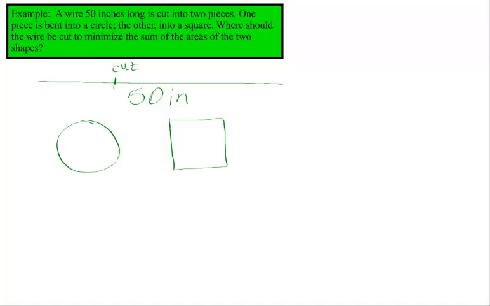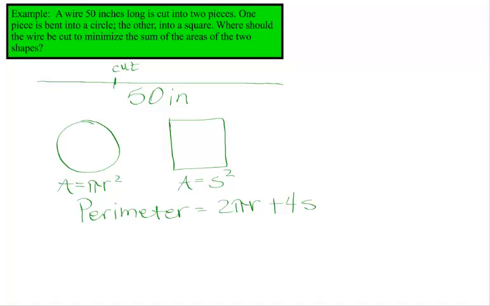So here is the area of a circle, we understand is pi r squared. The area of a square we understand is side squared. We understand that the perimeter of these 2 figures added together, which is circumference of the circle and 4 sides of the square, can be no more than 50 inches.